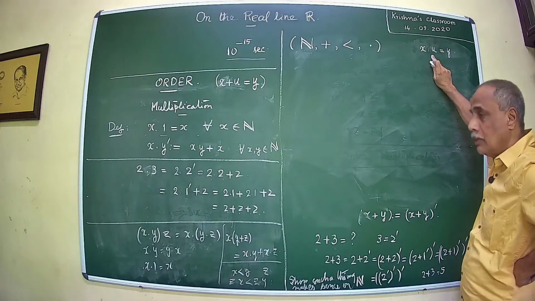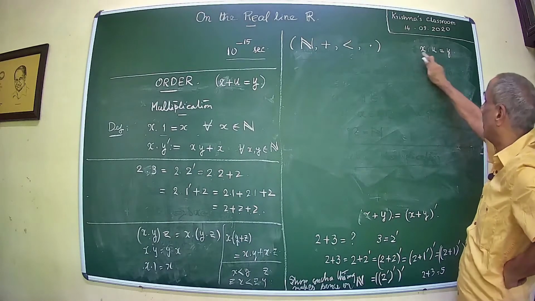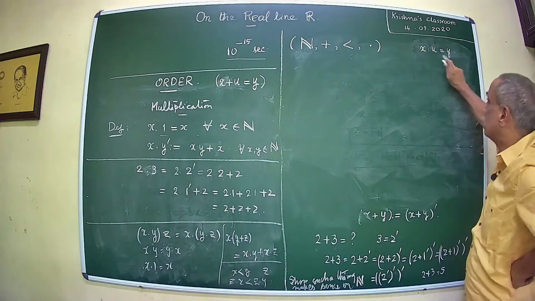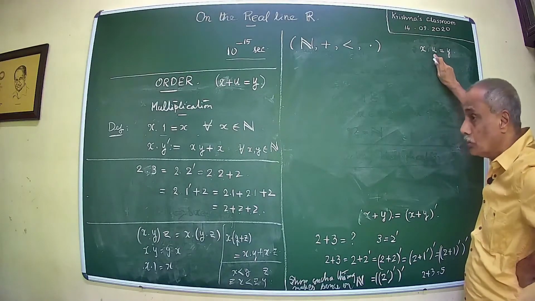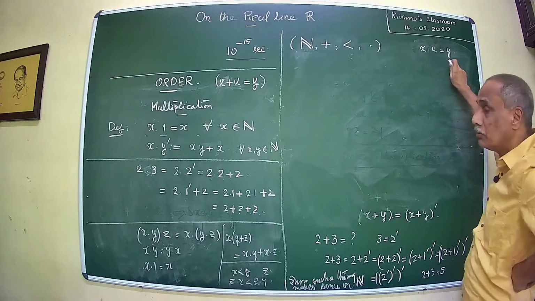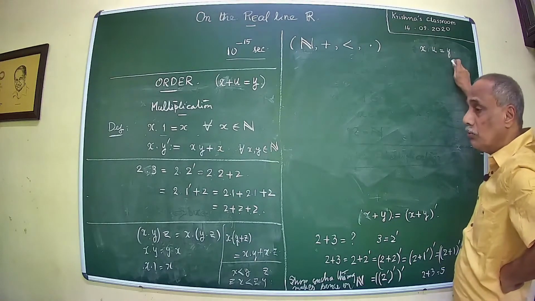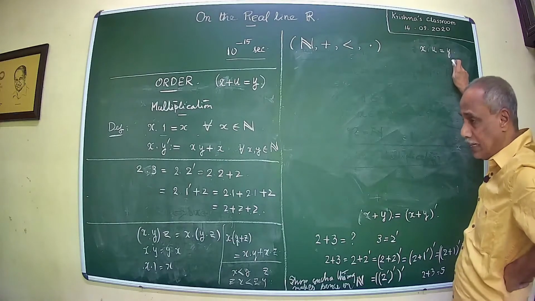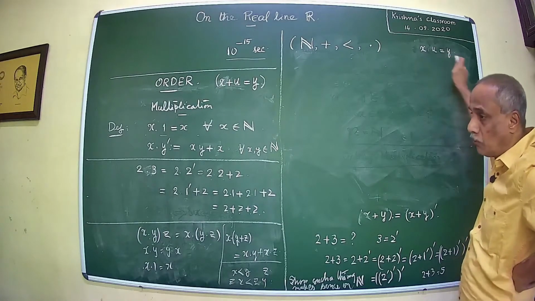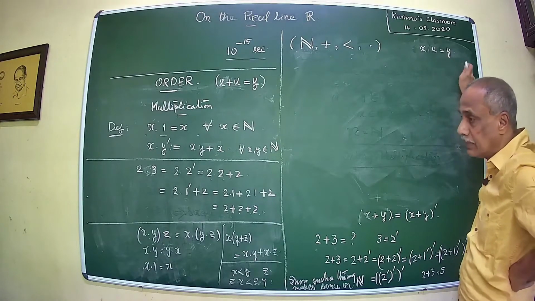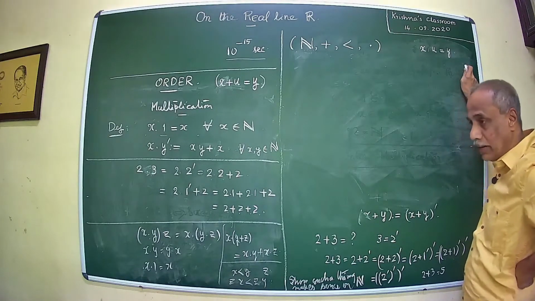But suppose x is 2 and y is 5, there does not exist any u such that x into u is equal to y, or 2 into u equal to 5. There is no solution in N. Okay, so it is not always true that this equation has a solution. So that is one of the drawbacks that you have.